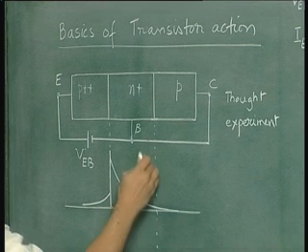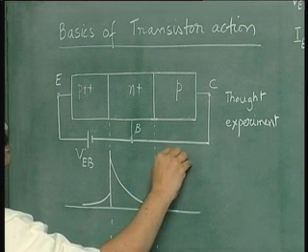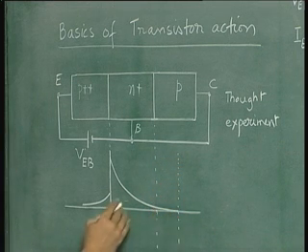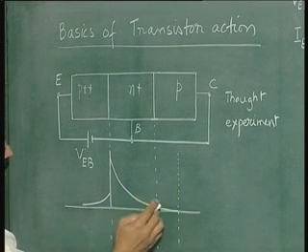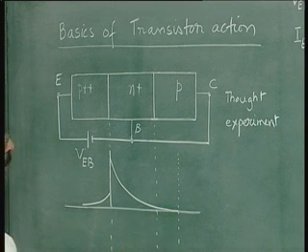So this is for the collector junction moved far away, so maybe somewhere here, so that by the time the excess carrier concentrations reach this point, they have already dropped to almost 0.